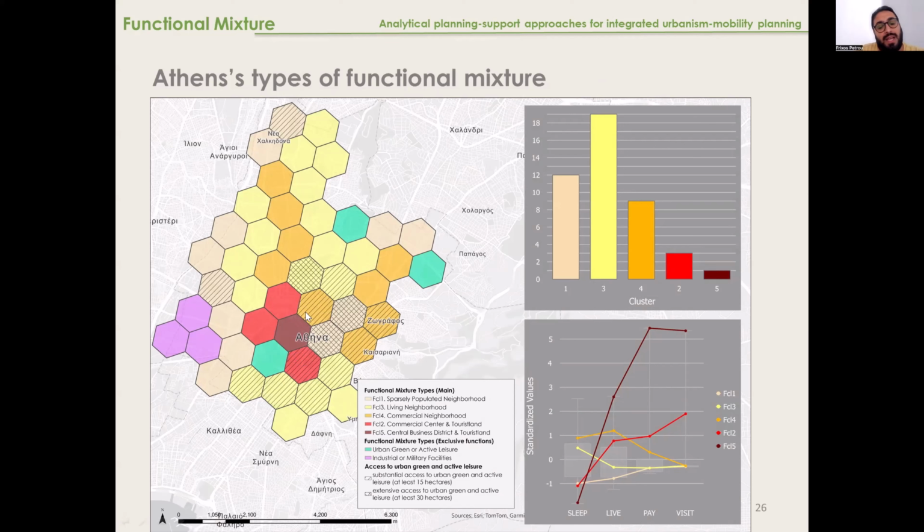So we can see how these different types of functions can create a spatial representation of the city, which is also linked with a spatial language that can be used for arguing about our desires and our interventions for the city.